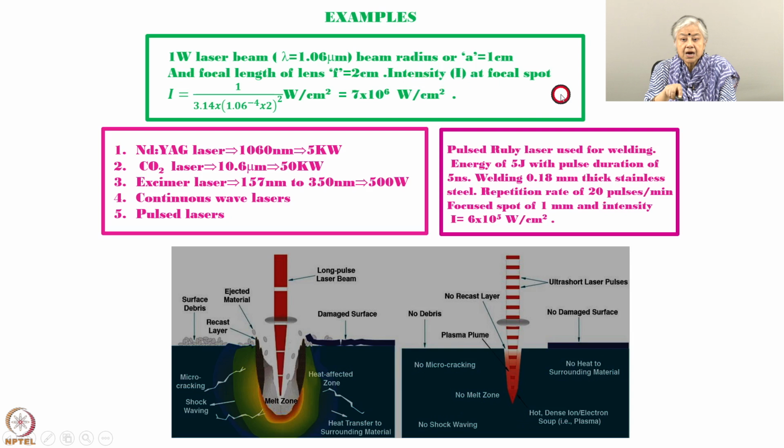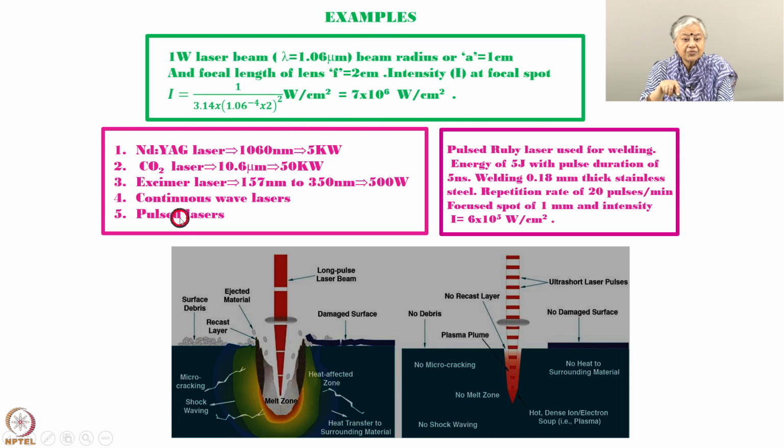So, intensity I at the focal spot works out to be, if you just put all these numbers in the previous formula, you will get 7 into 10 to the power 6 watts per centimeter square. So, this is the intensity that you can focus to when you have a 1 watt laser beam. Just as an example to give you an idea of the magnitude of the intensity that you might get from a 1 watt laser.